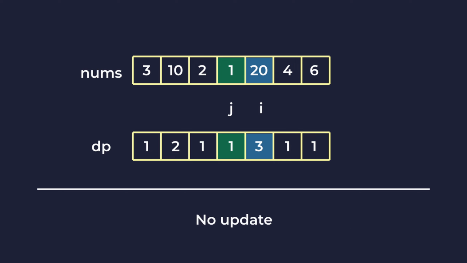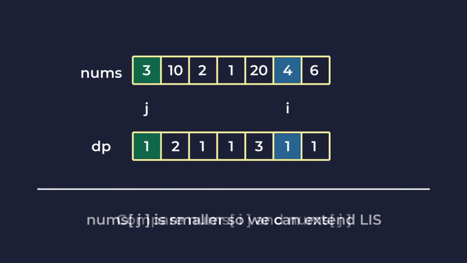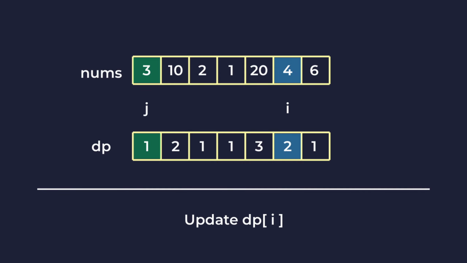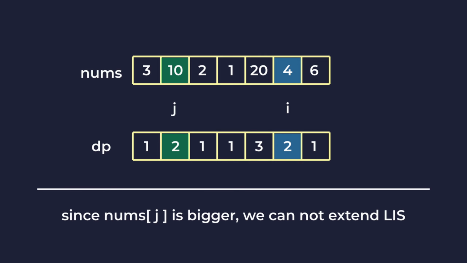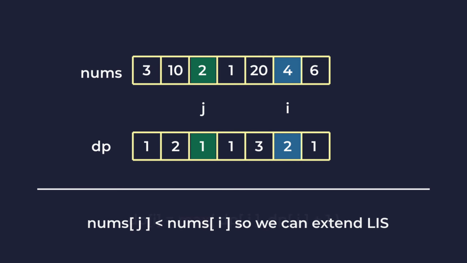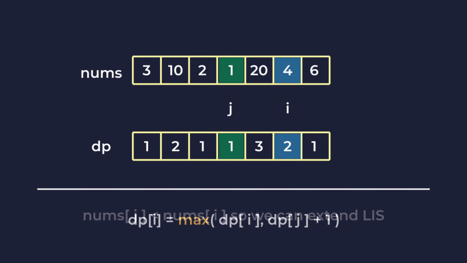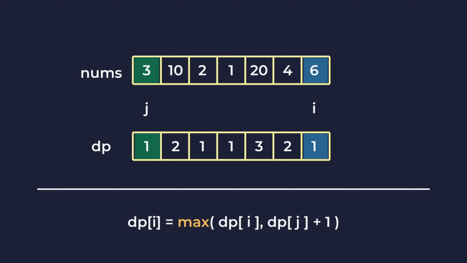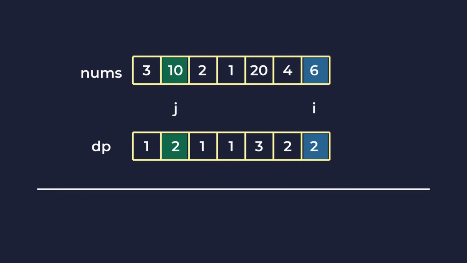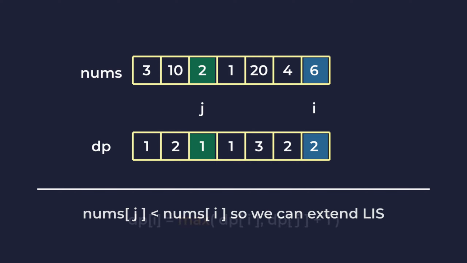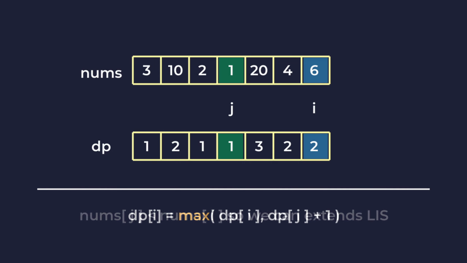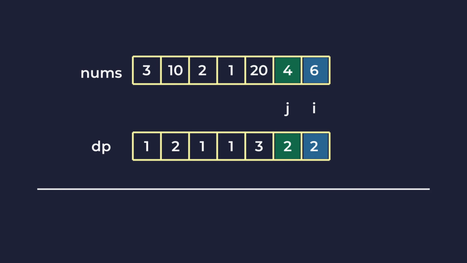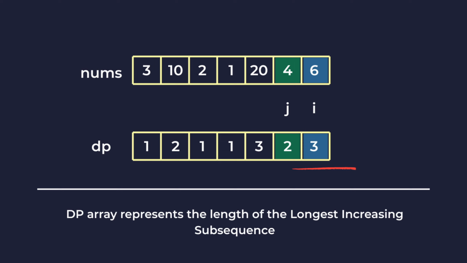We repeat this process until the end of the array. At the end, the maximum value in the DP array represents the length of the longest increasing subsequence, which is 3 for this case.